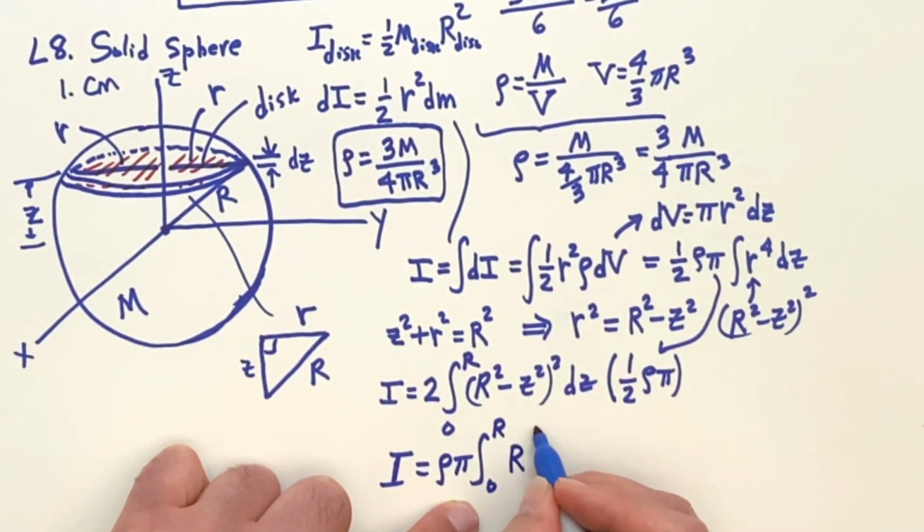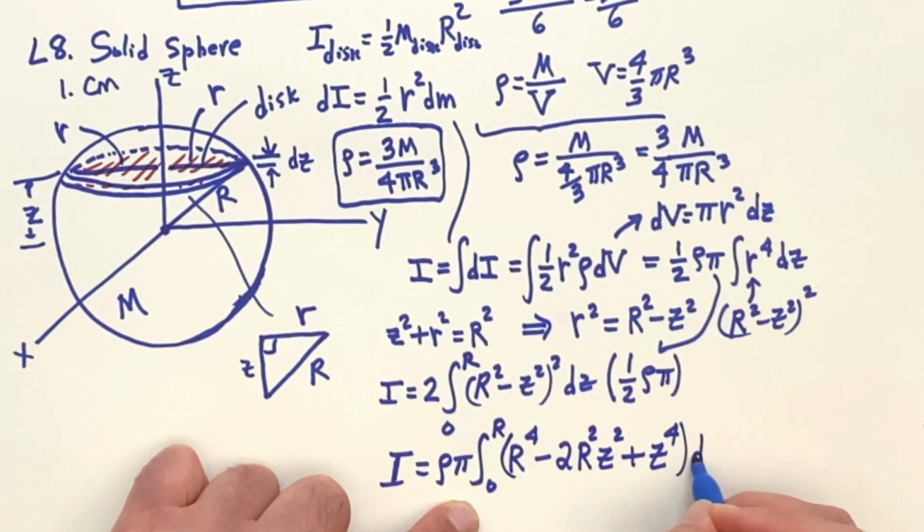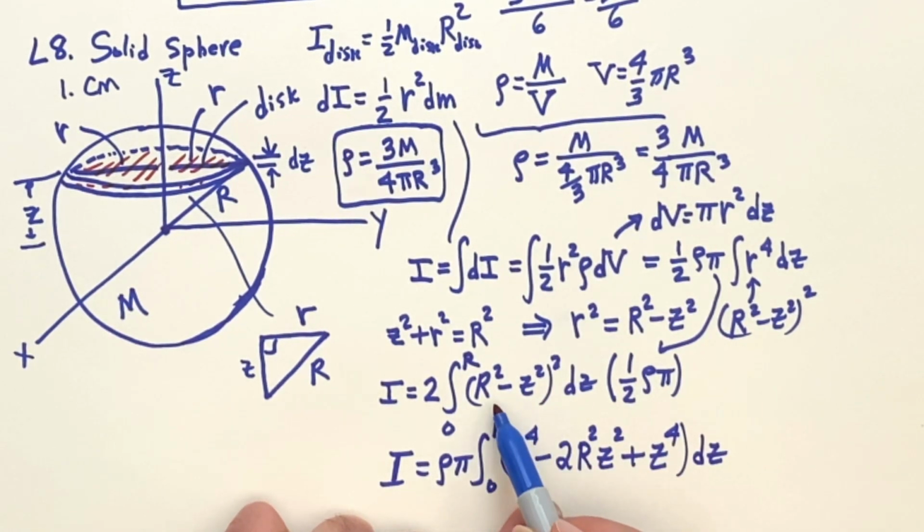So I'll have R to the 4th minus 2R squared z squared, cross term, plus z to the 4th dz. Let's check. 2 times 1/2 canceled, and we have rho pi. Then we square this inside, R to the 4th, minus 2 times the cross term, R squared z squared, and then plus z to the 4th.